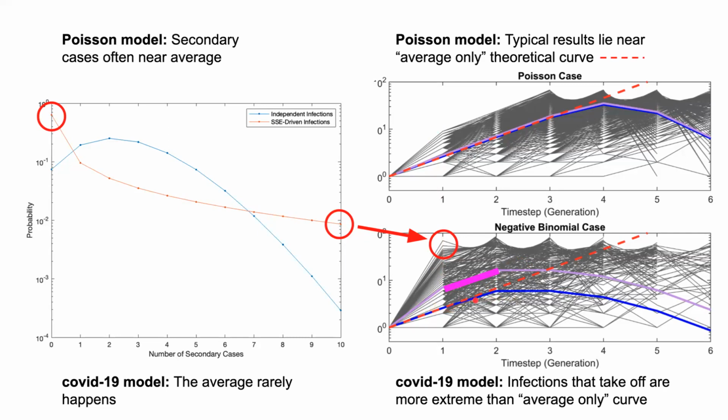So this red dashed line actually gives us a nice way to compare between both of these two plots because it's identical. It's using that same 2.6 average secondary case number. We can see that if we focus in on just those infection outbreaks that take off, we end up with quite a few more infected individuals as compared with the trends that we tend to see out of the Poisson model.